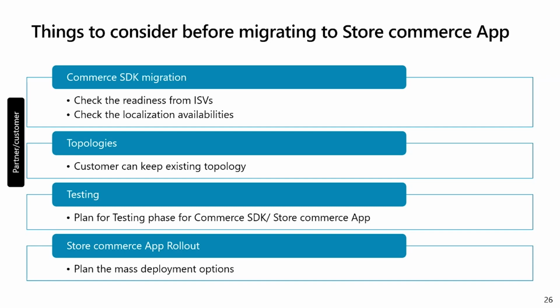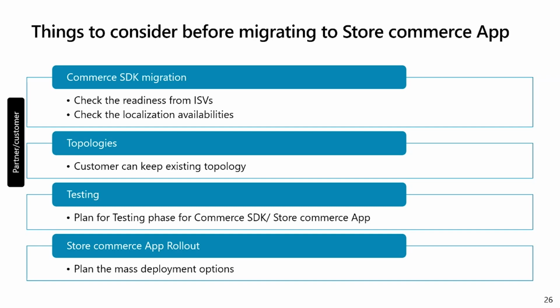So next, check the ISVs used to see if they are migrated to the Commerce SDK. Check the localization support for your market. Some of the localization code migration to Commerce SDK is still in progress. Get that visibility for your migration planning.